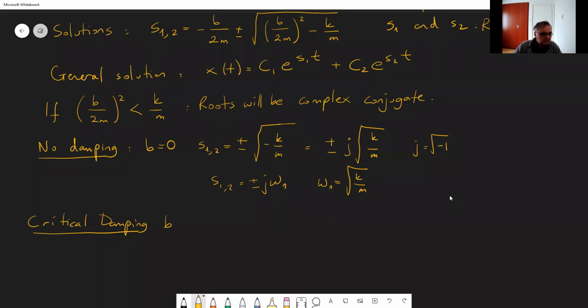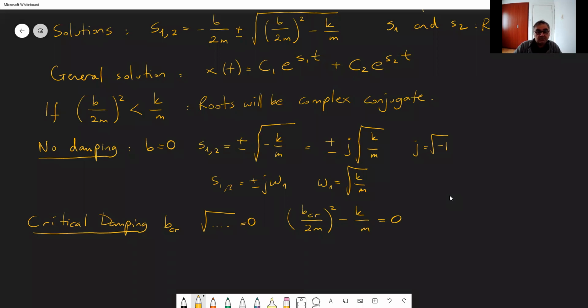Let's say b critical. So the square root term will be 0. So b critical over 2m squared minus k over m equals 0.